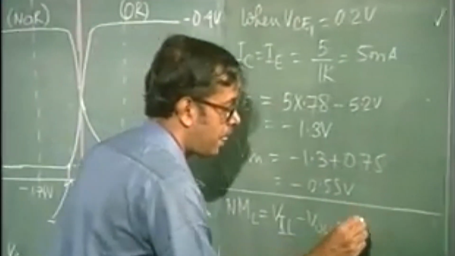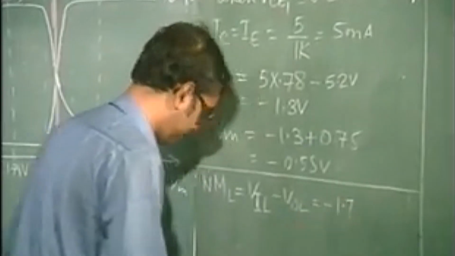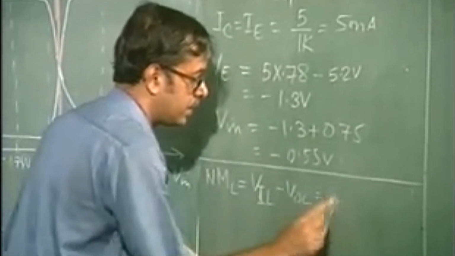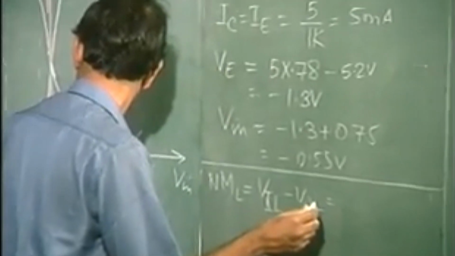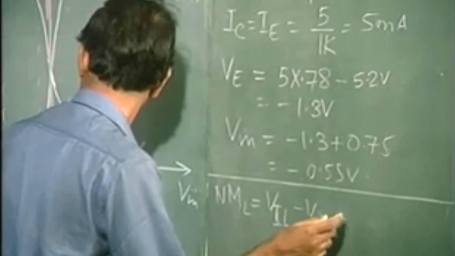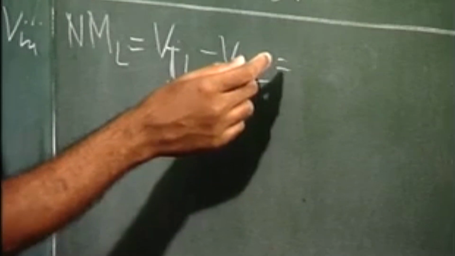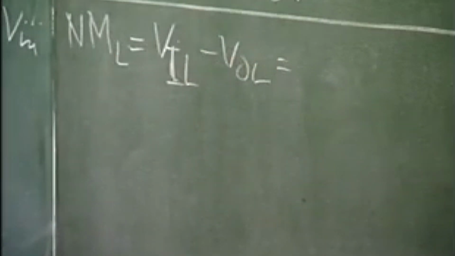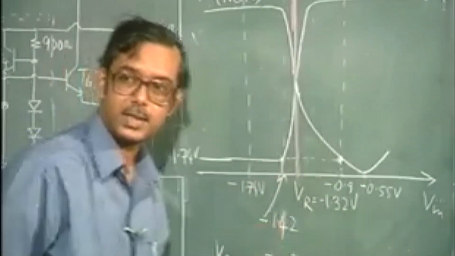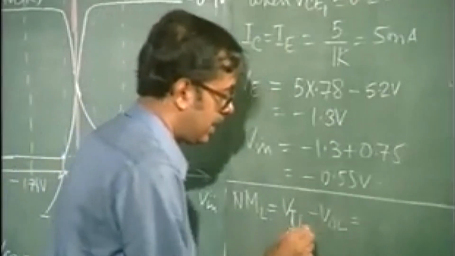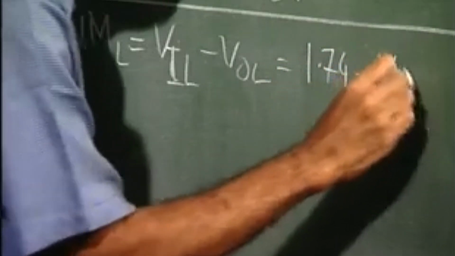Sorry, this is minus 1.42, and that other side would be minus 1.22. So, this is going to be 1.74 minus 1.42.